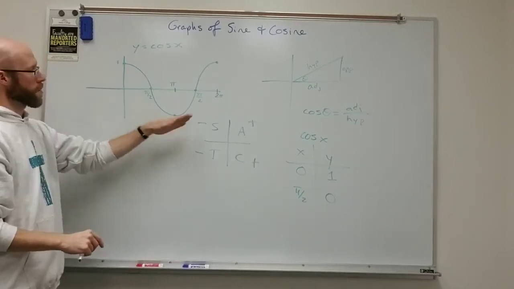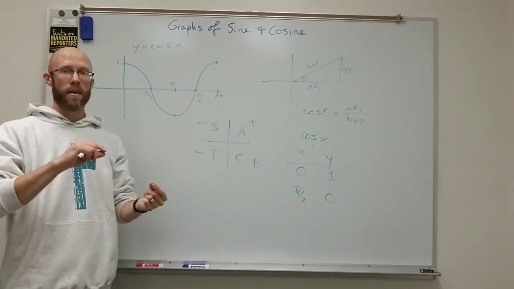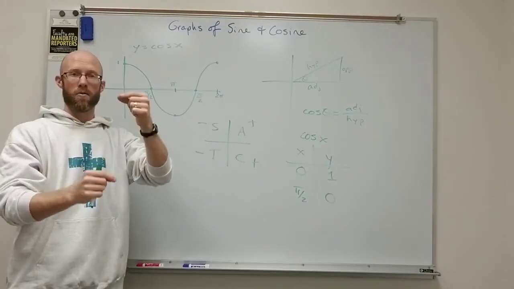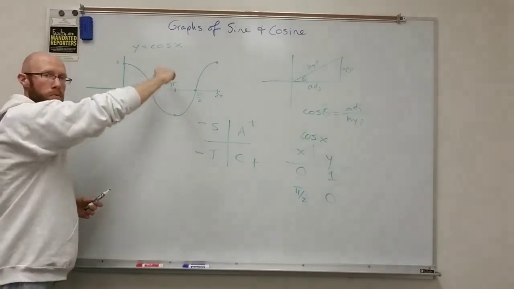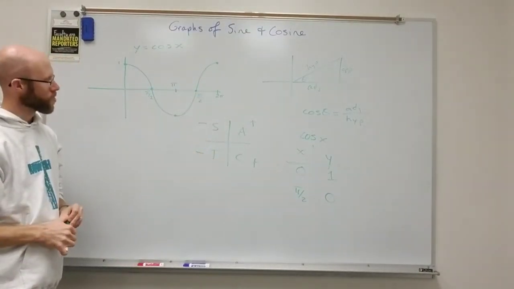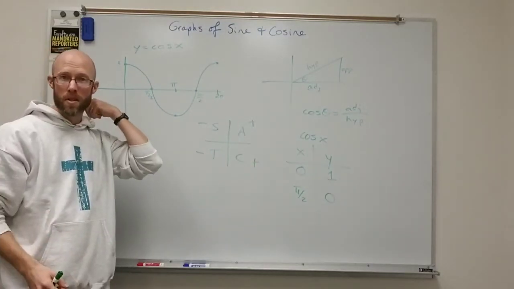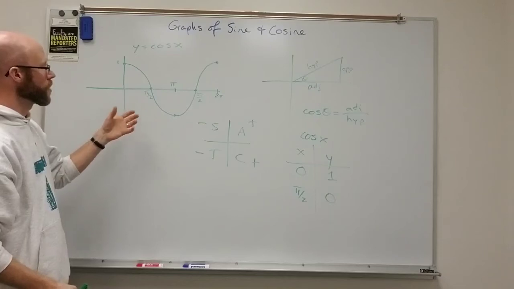You would just start at the top, go down, and come back up. If it's a vertical reflection, like we had in the last example with the sine, and you flip it upside down, instead of starting at the top, you would start at the bottom and work your way up and down. Okay. So there's just some little tweaks to it, but essentially the cosine is very similar to the sine.